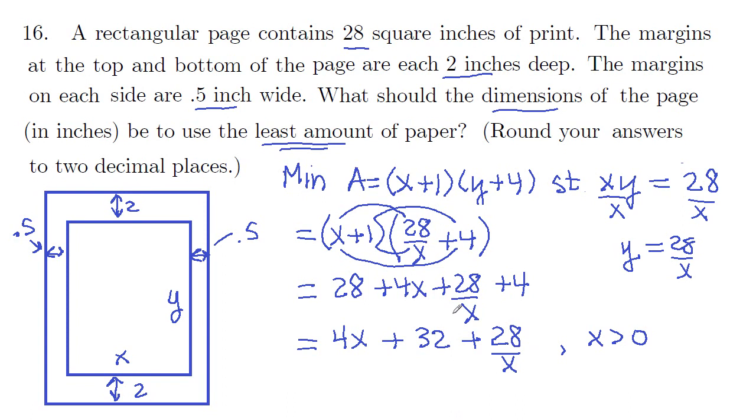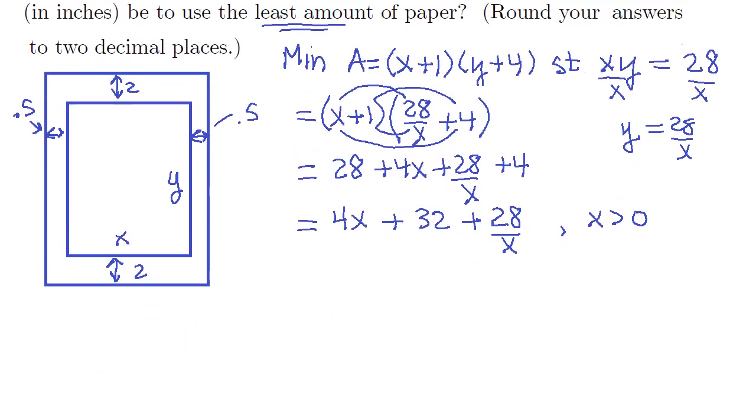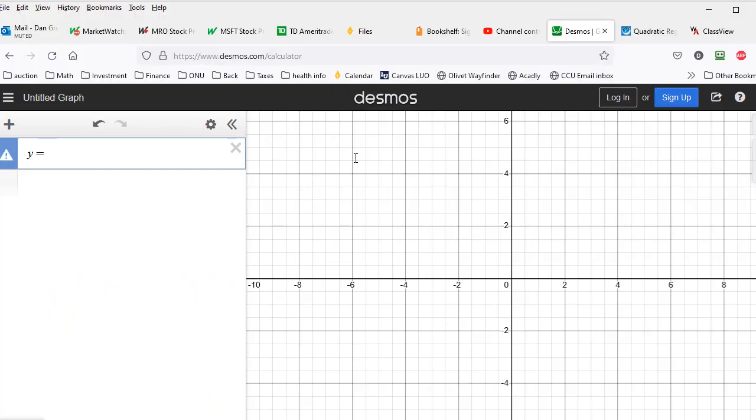So let's go ahead and put this into Desmos and see if we can find that minimum. So 4x plus 32, and then plus 28 divided by x.